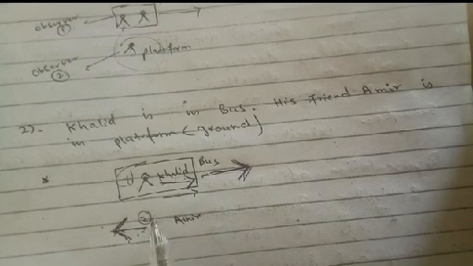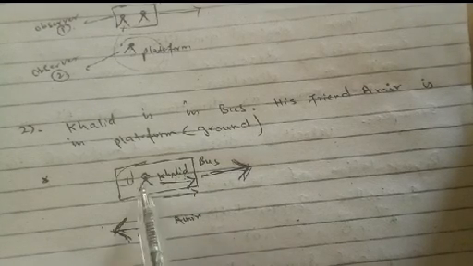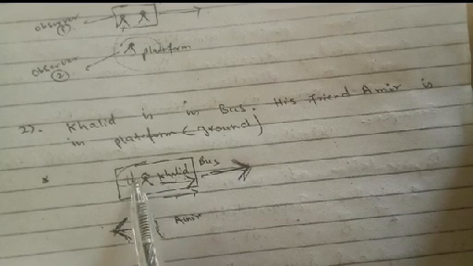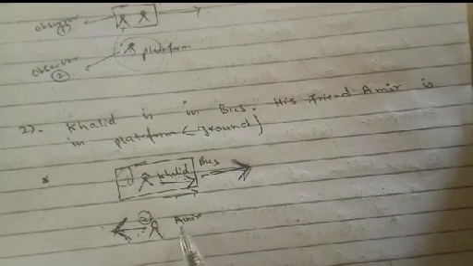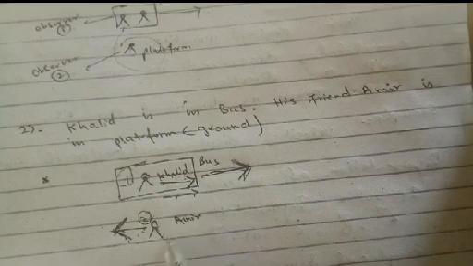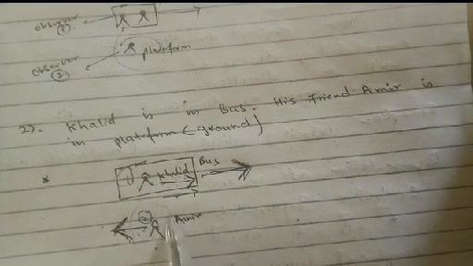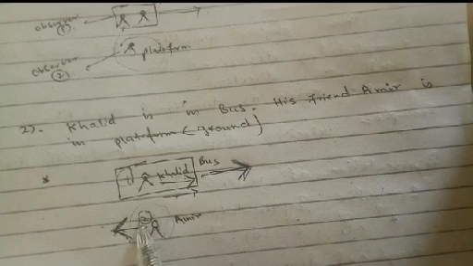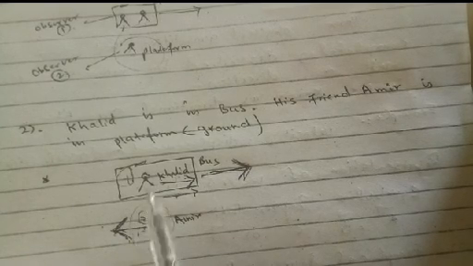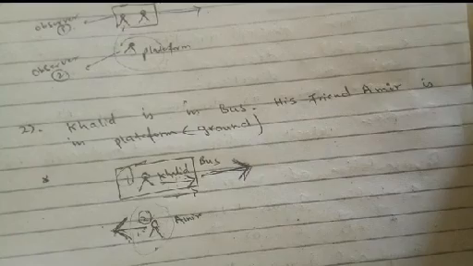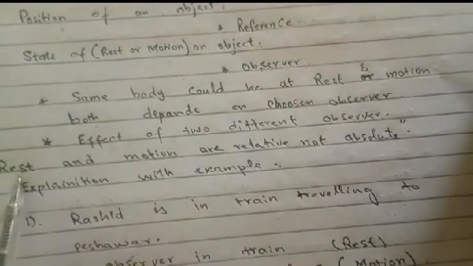So according to the different observers, the result is different. These depend upon the reference you have chosen, the observer you have chosen. That's why we call it that rest and motion are relative terms, not absolute terms.